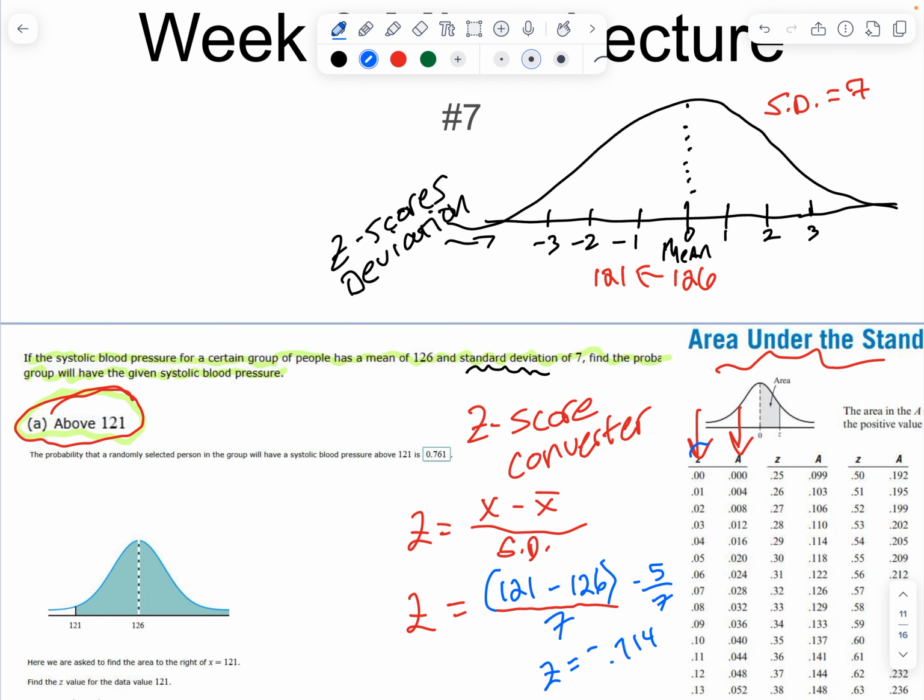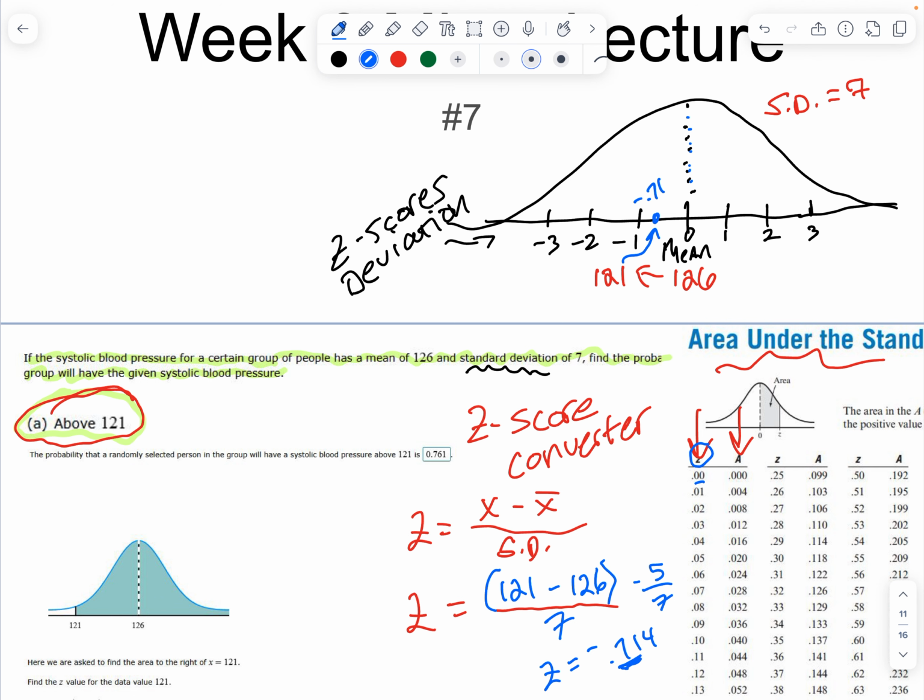Now notice the z-scores only go out 2 decimal places, so we're going to call this -0.71. So -0.71 is right here. Not quite 1 deviation away from average, so still somewhat close to average, this 121, but it's -0.71. Let's go find the area.